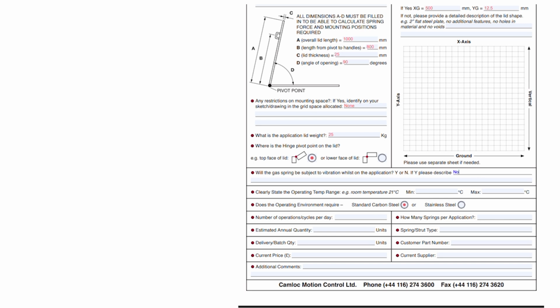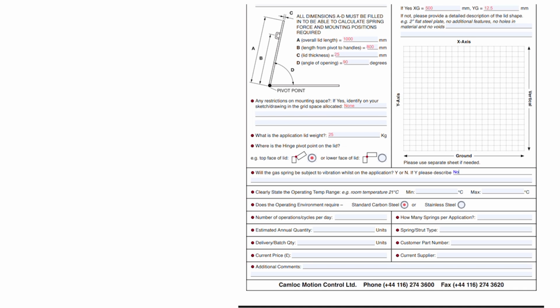Again, next question is about the operating temperature range, and this is just to give us an idea of where we need to pitch the lifting of the gas strut. So if you've asked for instant lift after 15 degrees of movement, but actually your product is operating in sub-zero temperatures, that's very different to 15 degrees of lift that occurs in temperature, say 60 degrees on there, or at room temperature, and will affect the handling of the application.